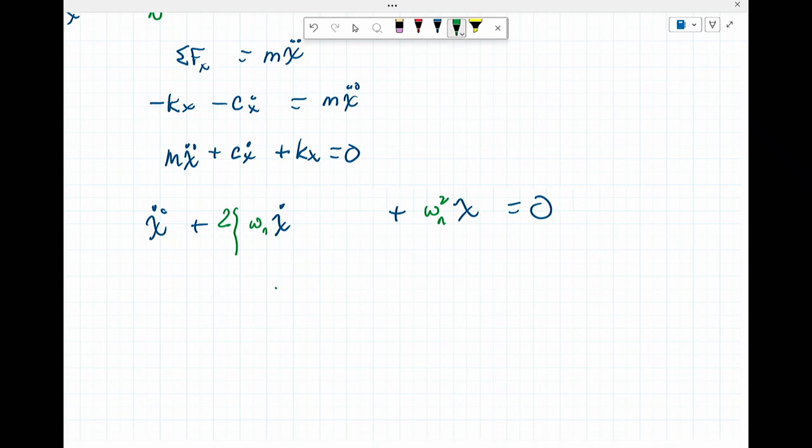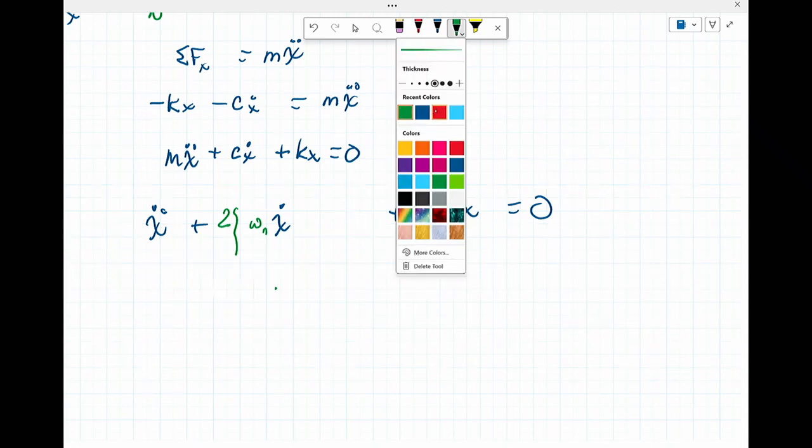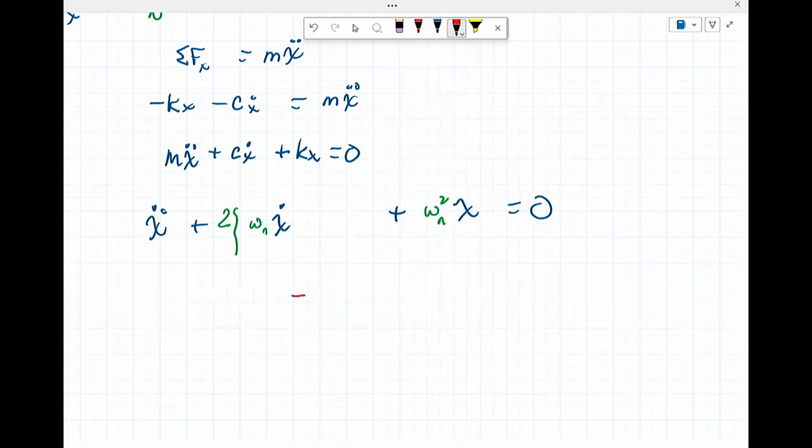And zeta is equal to c over 2m omega n. And I'm going to need that to define how my damping is going. I'm going to use this as a coefficient of damping that describes what's happening to this system.